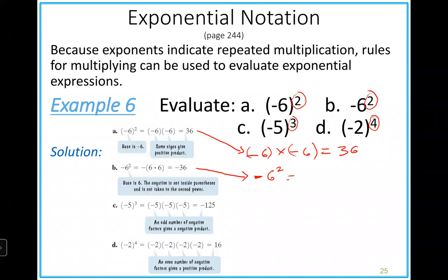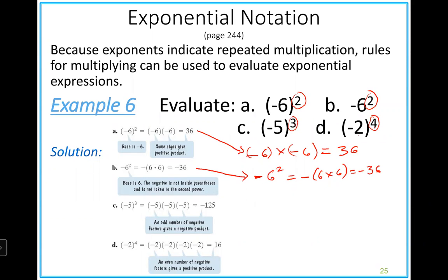So that's how that's written, negative of 6 times 6. So you're not squaring -6, but you're just squaring the 6 itself, and you give the negative of it. Whereas with the first one, you're multiplying -6 times -6. So this is equal then, 6 times 6 is 36, and the negative of that is -36.